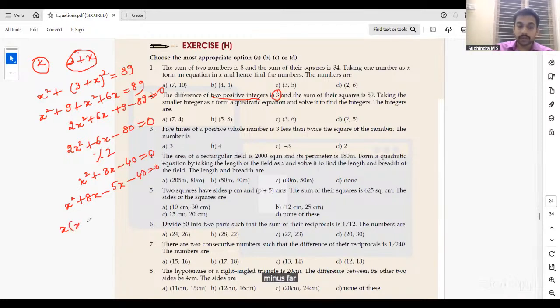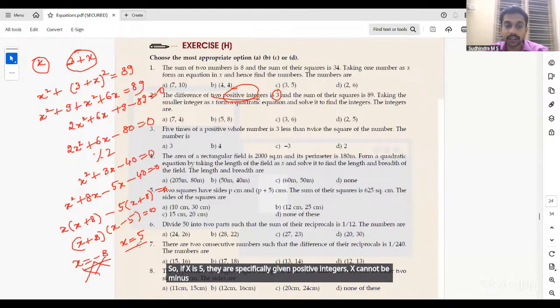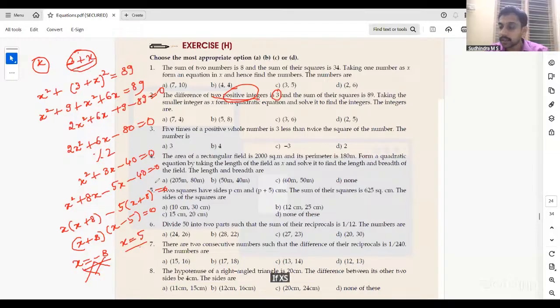So, x into (x plus 8) minus 5 into (x plus 8) equals 0. x plus 8 common into (x minus 5) equals 0. x is equal to minus 8, x is equal to 5. So, if x is 5, they are specifically given positive integers, so x cannot be minus 8. If x is 5, what is the other number? 3 plus x, which is 8.